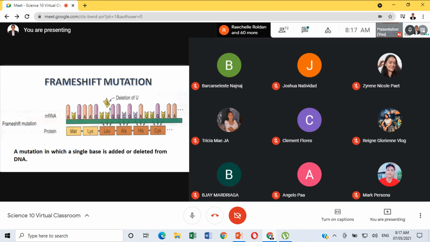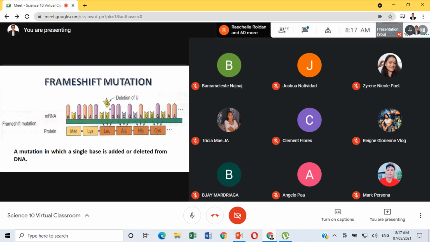But then, the mRNA would be out of position by one base. So as a result, every codon after that base would be different, as shown in this figure. So this mutation would cause nearly every amino acid in the protein after the deletion to be changed.